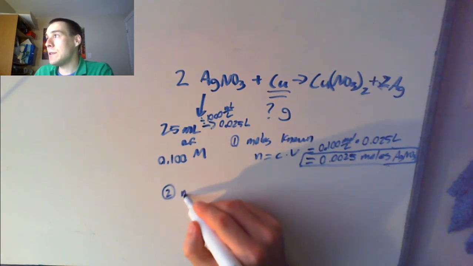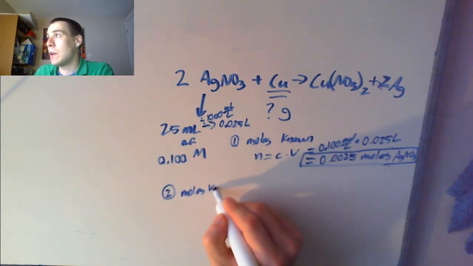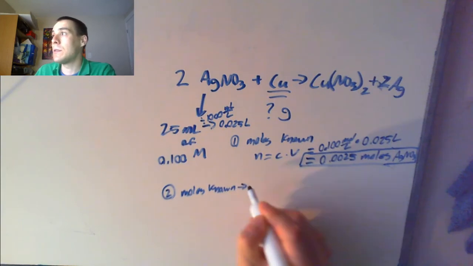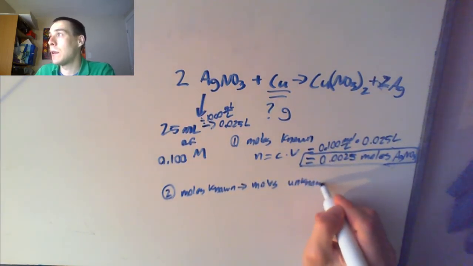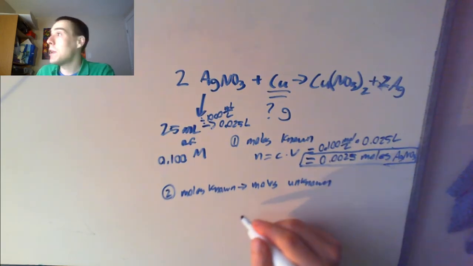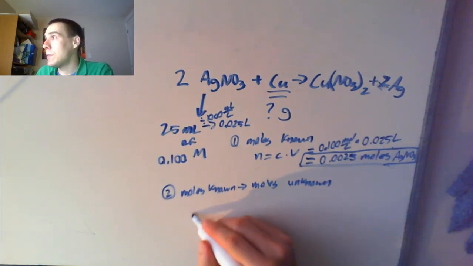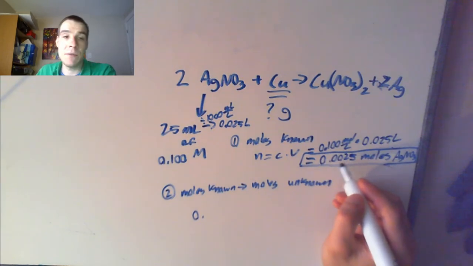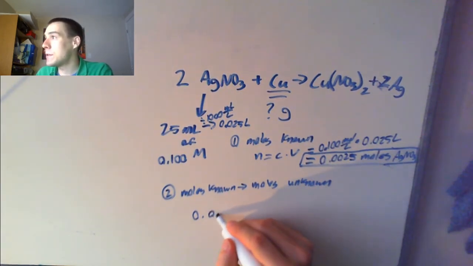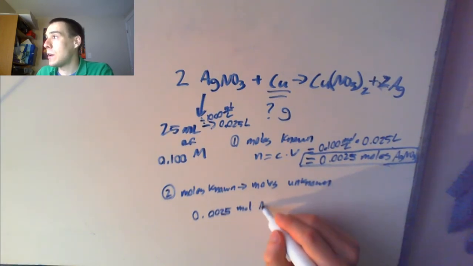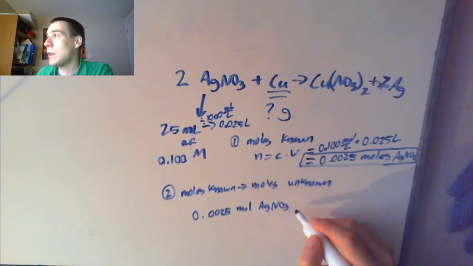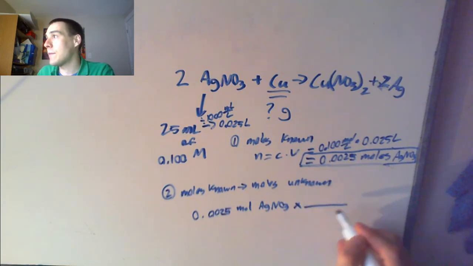Number 2 is the moles of known to moles of unknown. That uses the mole ratio. So in this case, we start with our 0.0025 moles of AgNO3, and we're going to do that conversion factor thing.